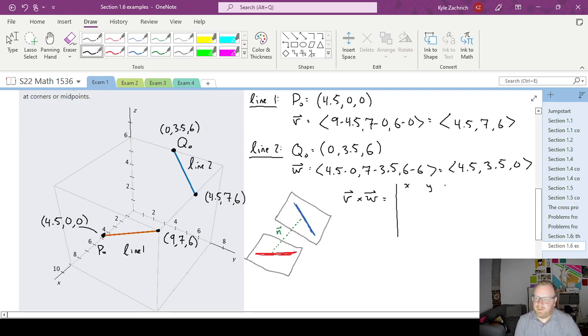I'll go ahead and do it by hand. So we get 4.5, 7, 6 and 4.5, 3.5, 0.